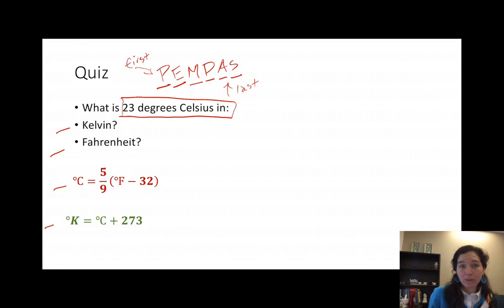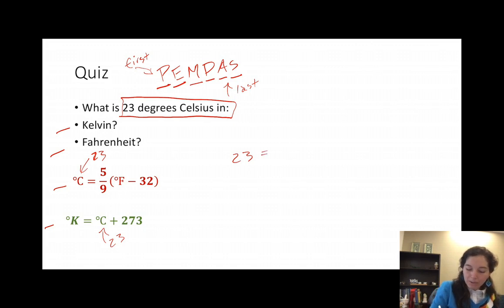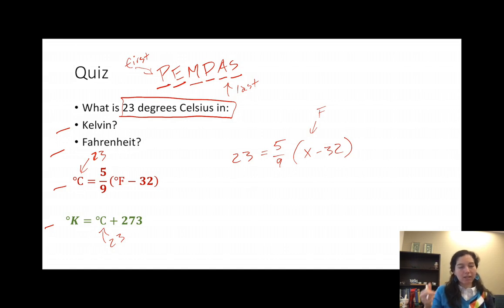Let's take a look at the answer for this one. So 23 Celsius. We're going to put our 23 in here, and that's where that value goes. 23 equals 5/9 times our Fahrenheit. I'm going to put in an x here, this is our Fahrenheit, just so maybe it makes a little more sense.